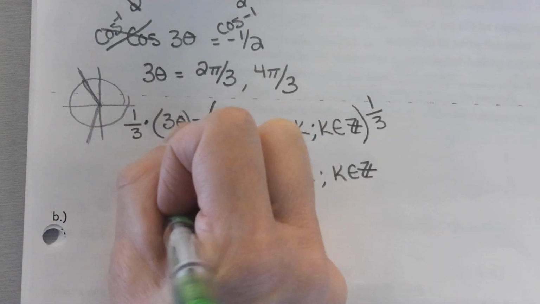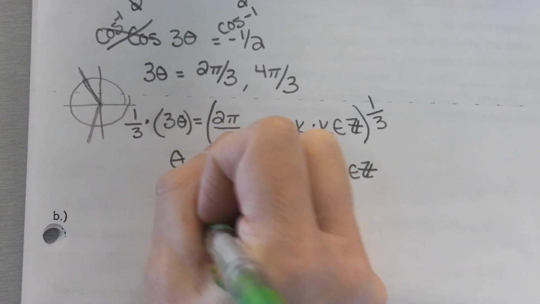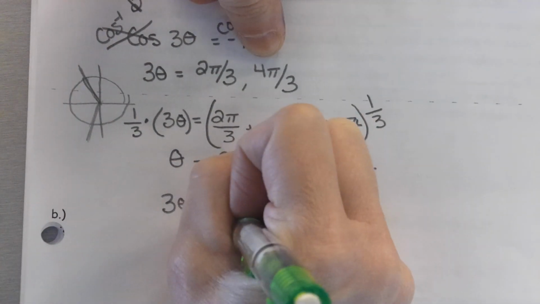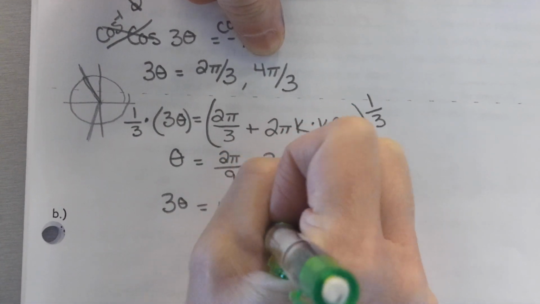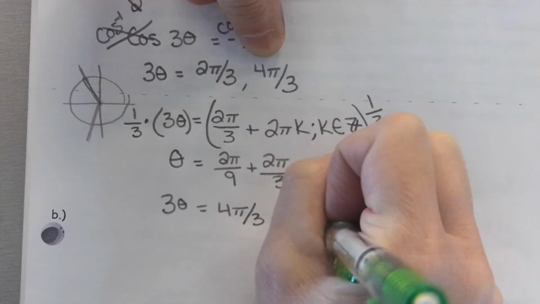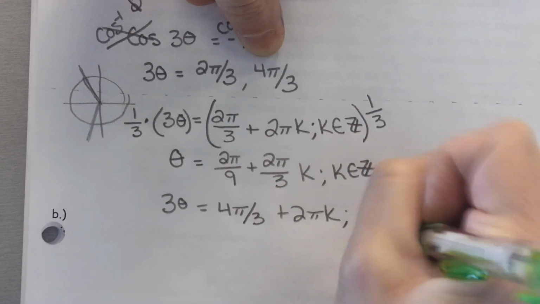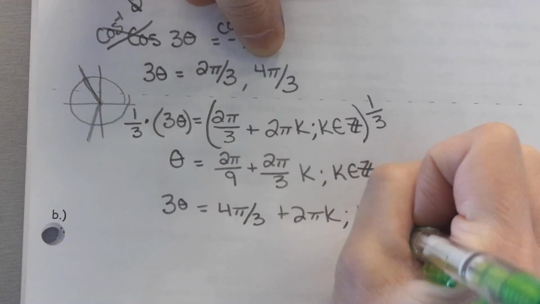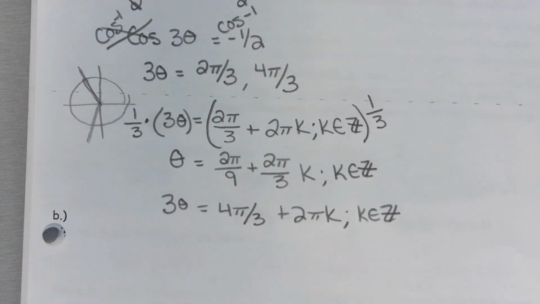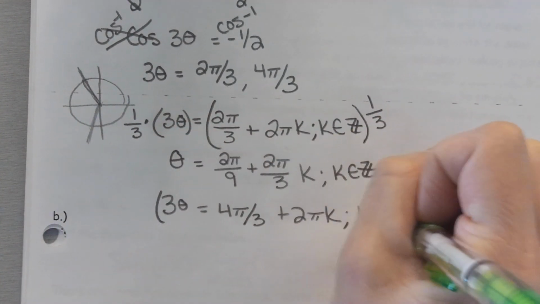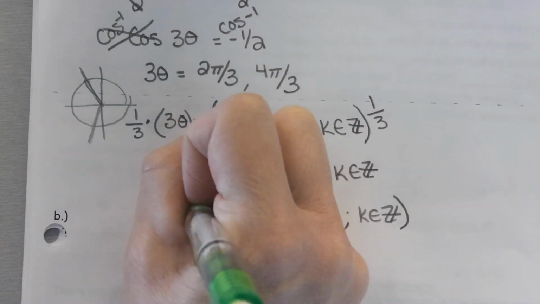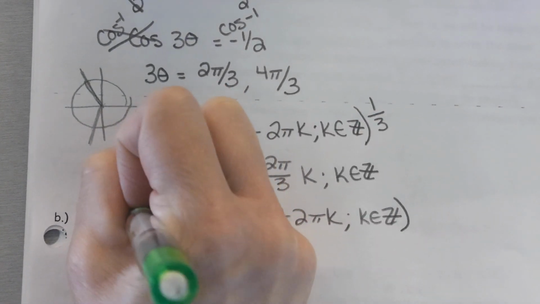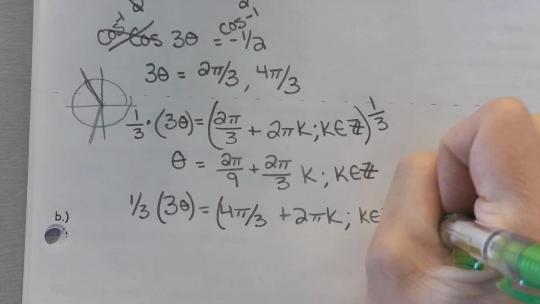The other solution, 3 theta equals, we had 4 pi over 3 plus 2 pi k, where k exists in the set of integers. Am I going to do the same thing to this one? Yes. So I'm going to multiply everything by 1/3.